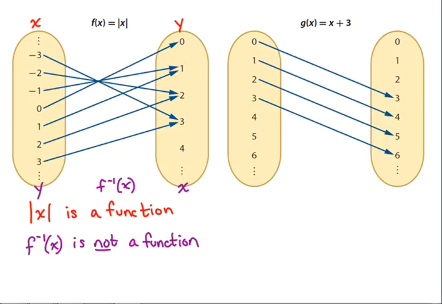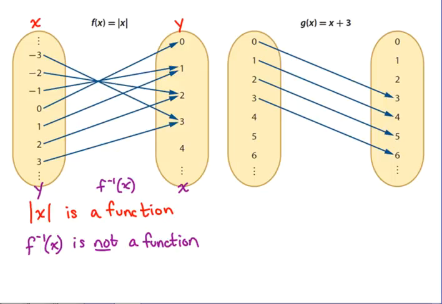So in other words, if you are examining a function here and it has different x values that map to the same y value, then you know its inverse is not going to be a function. Okay, because when you switch them, then those x's are not going to have just one y value.